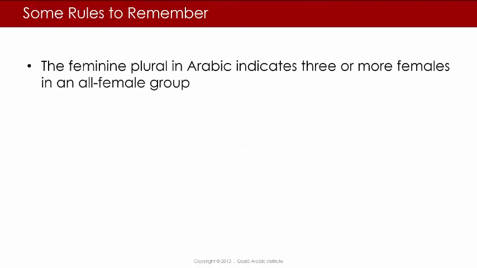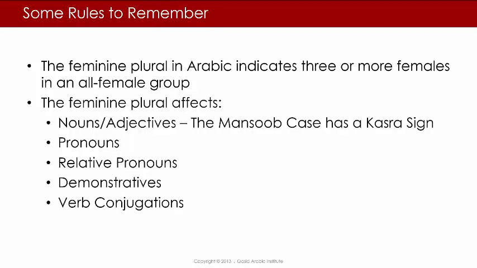Now let's look at some rules to remember for this presentation on the feminine plural. The feminine plural in Arabic indicates three or more females in an all-female group. The feminine plural affects nouns and adjectives, and of importance here is to remember that the mansub case has a kasra sign for the feminine plural noun. We have pronouns like hunna, kunna, hunna and tunna, and then hunna and kunna as attached pronouns.